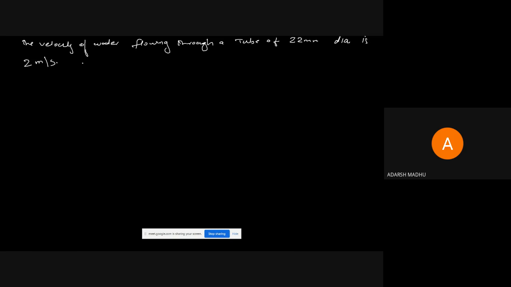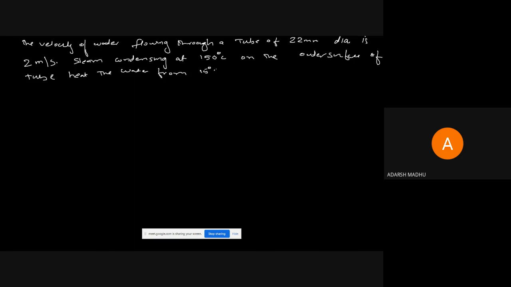Steam condensing at 150 degrees Celsius on the outer surface of the tube heats the water from 15 degrees Celsius to 60 degrees Celsius over the length of the tube.